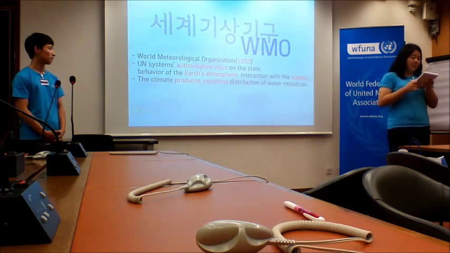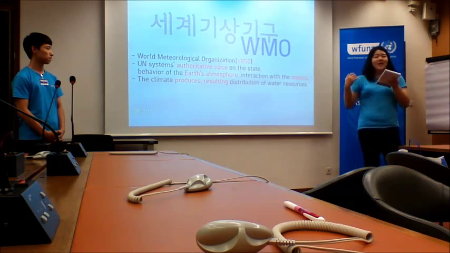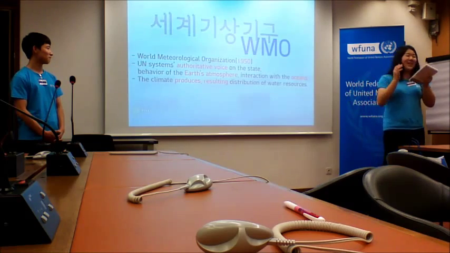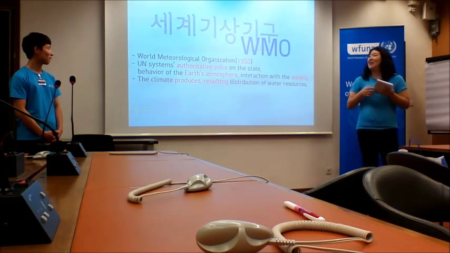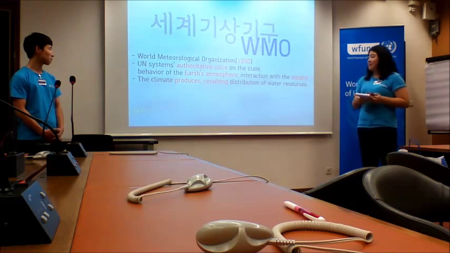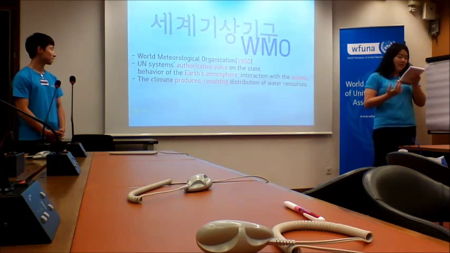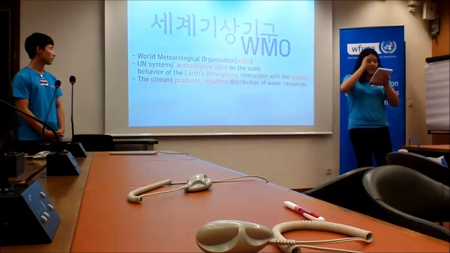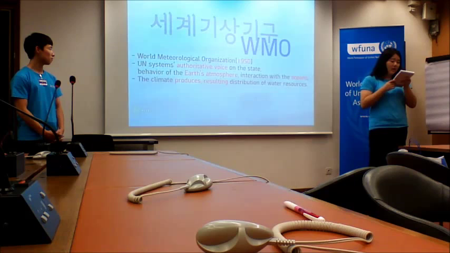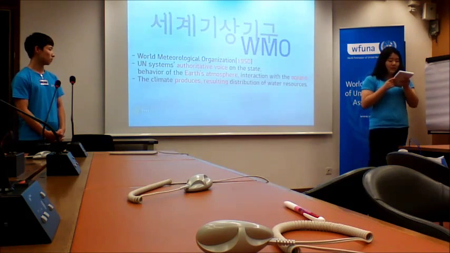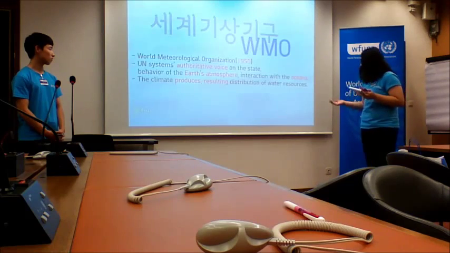And the WMO, the World Meteorological Organization, was organized in 1950. It is the UN system's authoritative voice on the state and behavior of the Earth's atmosphere, its interaction with the oceans, the climate it produces, and the resulting distribution of water resources.